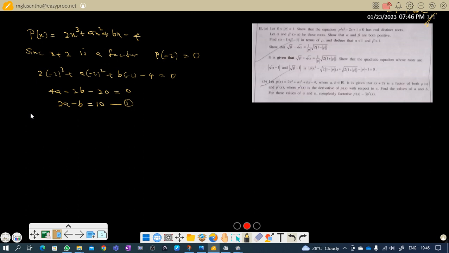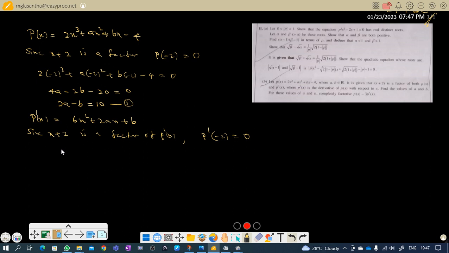But now they say that P'(x) is the derivative of P(x). Very easily you can take the derivative: 6x squared plus 2ax plus b. But P'(x) also has the factor x plus 2. That means since x plus 2 is a factor, P'(-2) equals 0.